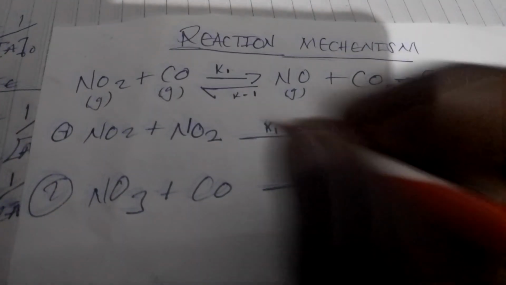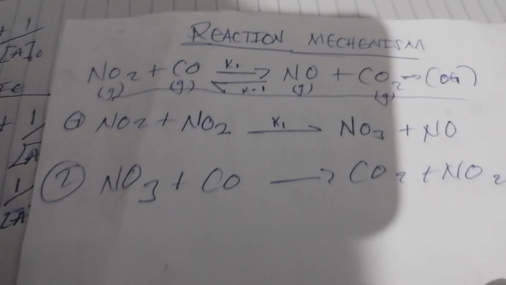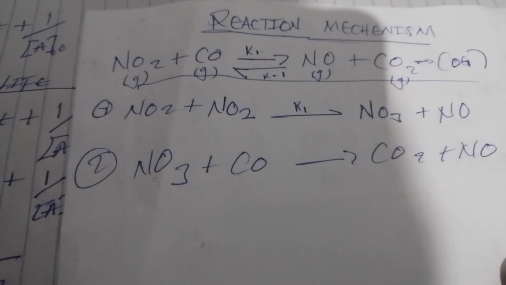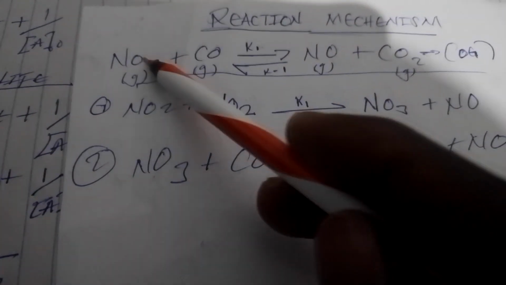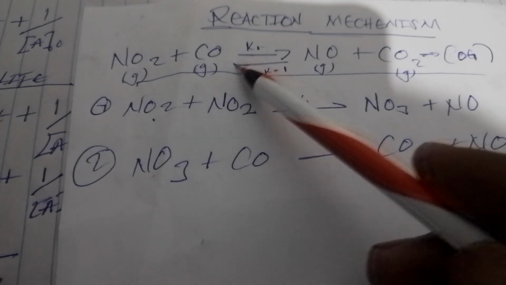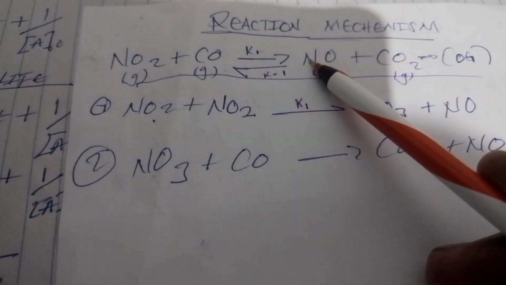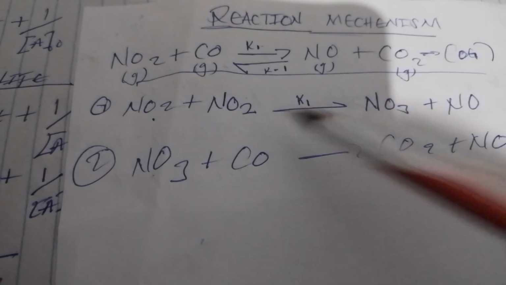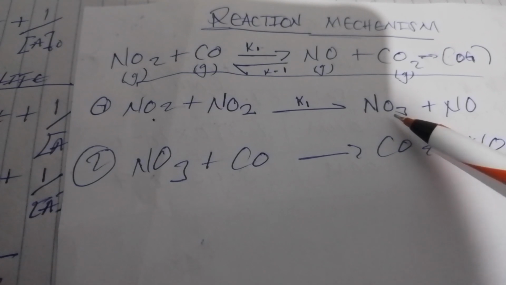So this is our original reaction. I'm just touching a little bit, not in detail, on reaction mechanism. If you look closely, I've got nitrogen dioxide appearing in this reaction, and also carbon monoxide, nitrogen monoxide and carbon dioxide. So in this equation, what is the intermediate compound?